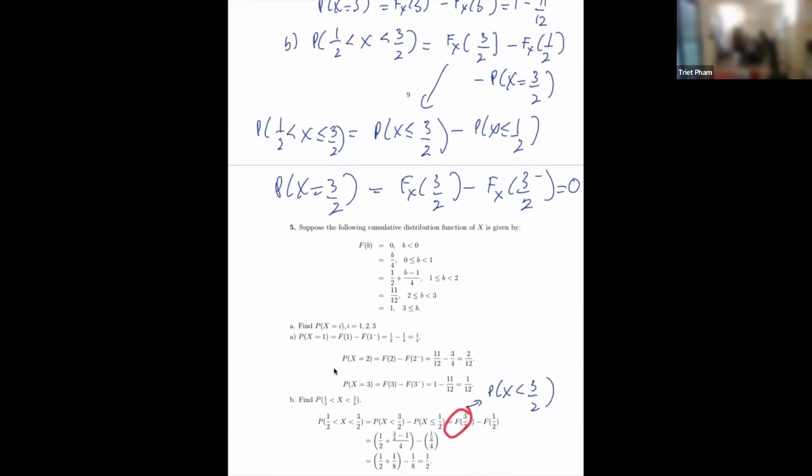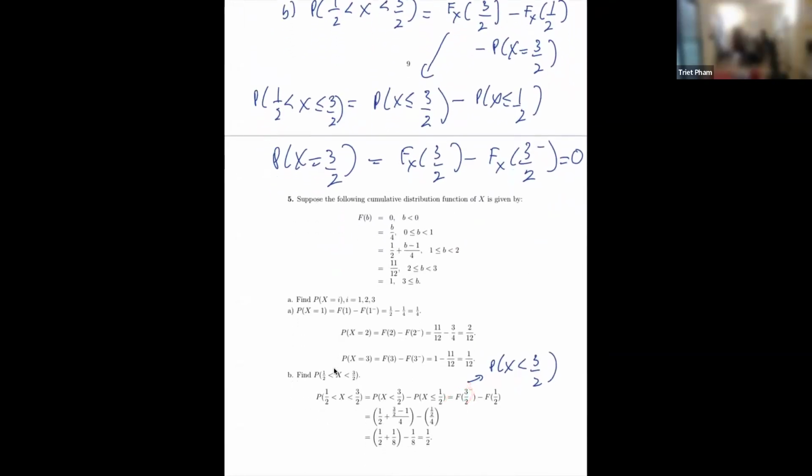This is fine. But if you combine these two, you'll get that. All right, any question? All right.